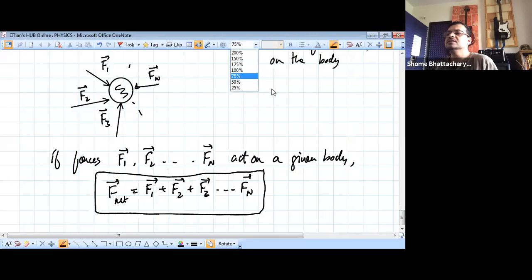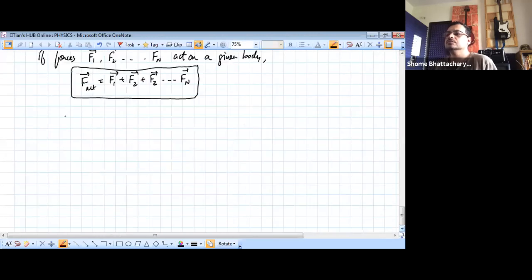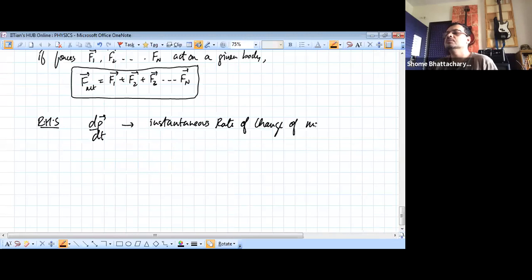Now on the right hand side of the equation, dp by dt is read as the instantaneous rate of change of momentum, if we denote it with the symbol p vector, with respect to time.